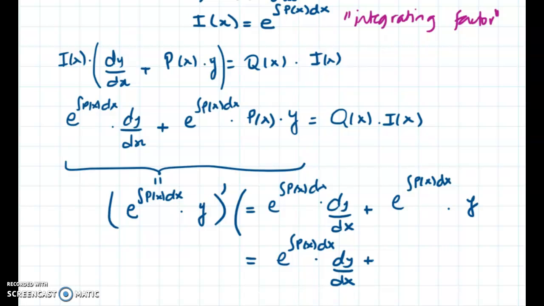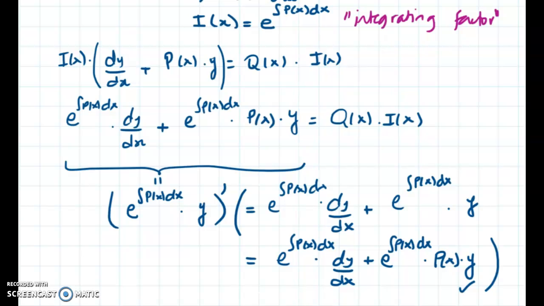Plus, and then if I want to take the derivative of the exponential function, I'm going to get the exponential function itself times the derivative of the function I'm exponentiating. So the derivative of the integral of p of x, so that's p of x times y. So we checked that it's true that what we have on the left-hand side is actually what we want.